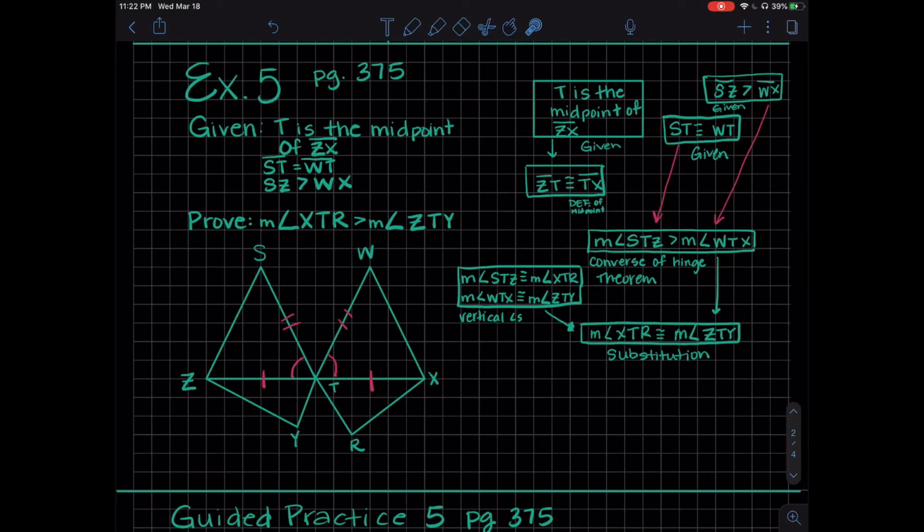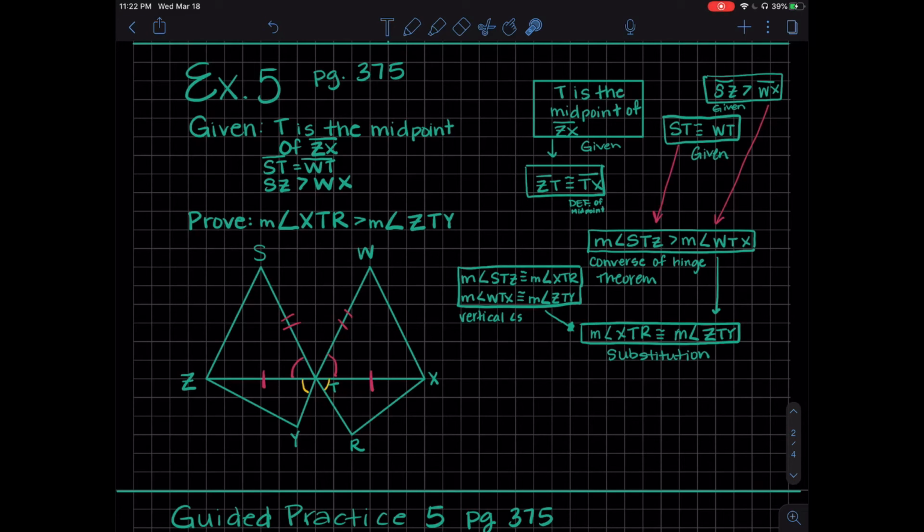Now, if I were to draw some other angles in right here in yellow, look at the relationship of this pink and this yellow, and then this pink and this yellow. Those are vertical angles. So we'll state that the measure of STZ is congruent to the measure of XTR, yay, because we needed that one. And then we need WTX is congruent to ZTY, yay, so we needed those.